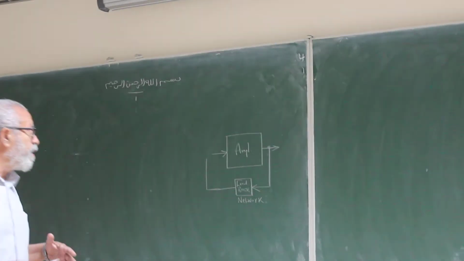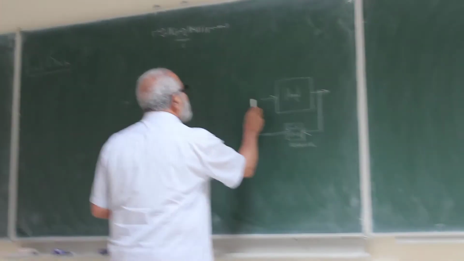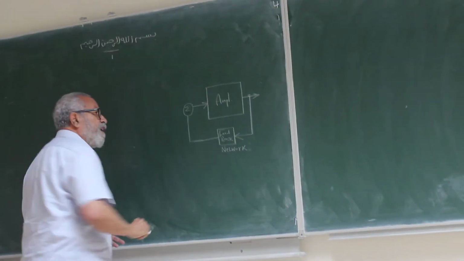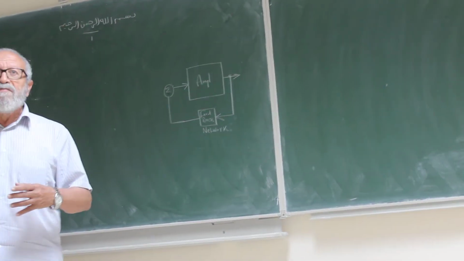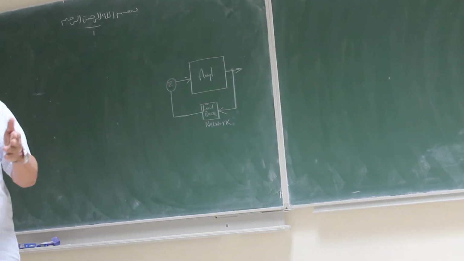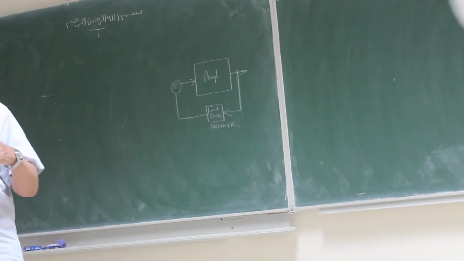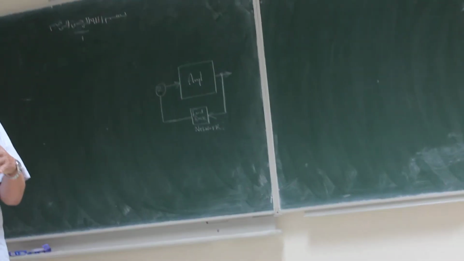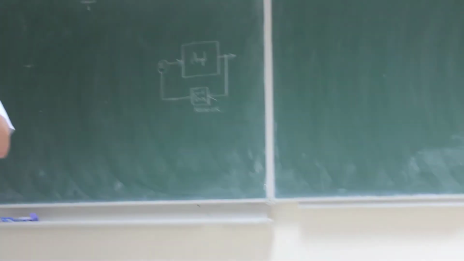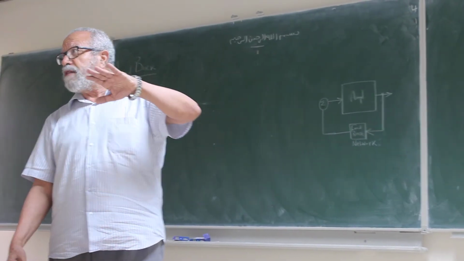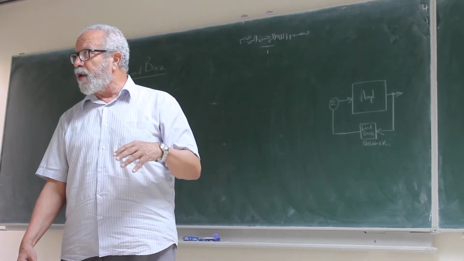But let us assume that here there is a summation network, a network which will do this summation, either adding or subtracting. Adding or subtracting are both summation, only the sign differs, not a problem. So this summation network is for either adding or subtracting the feedback component from the original input component.